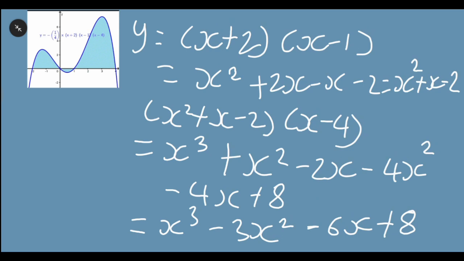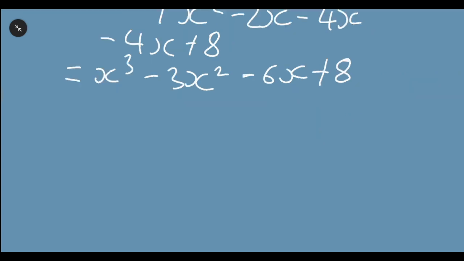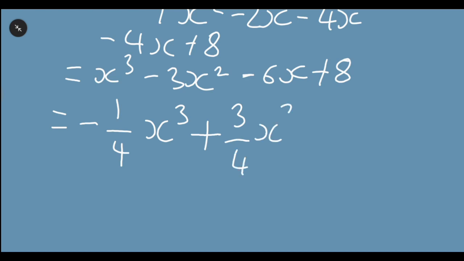And if we do that, minus 1 over 4 x cubed plus, let's have a look, 1 over 4 times 3, plus 3 over 4 x squared.